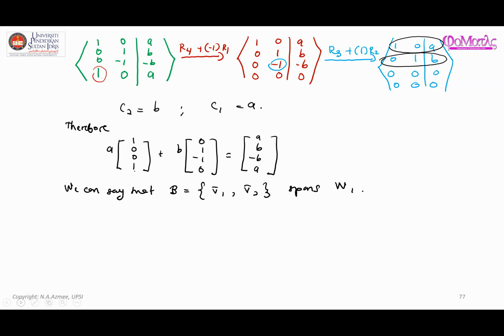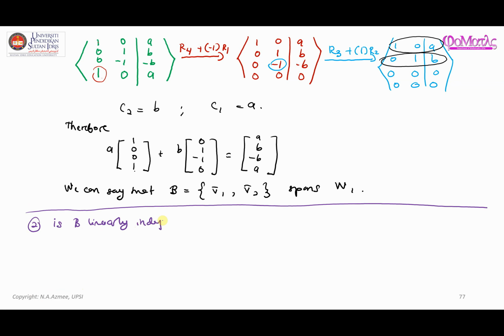Okay, right, now let's move on to showing the second condition, which is we need to demonstrate that B is linearly independent. So is B linearly independent?